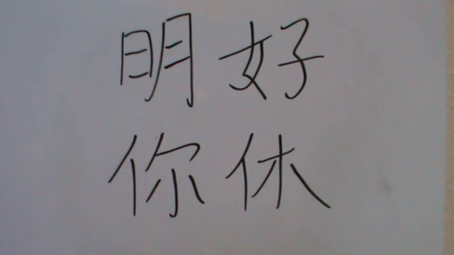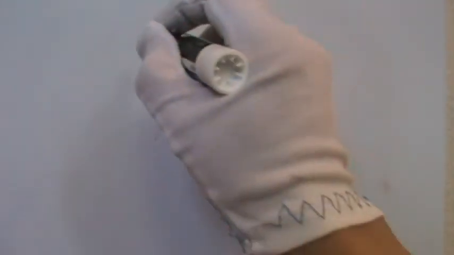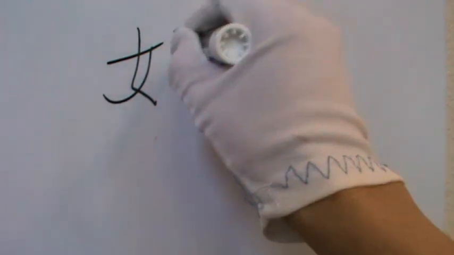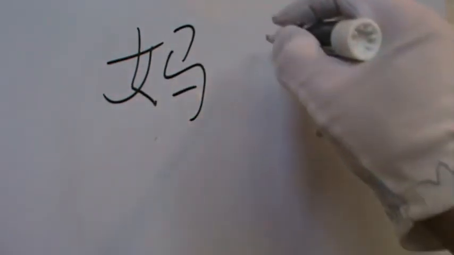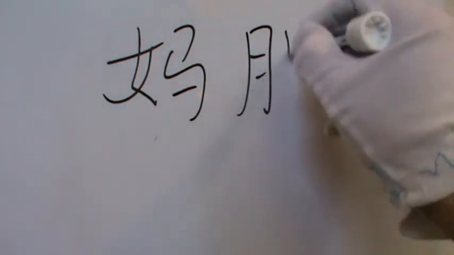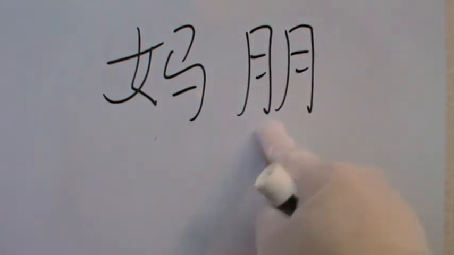In terms of the forms of structure, the compound characters can be roughly divided into three major types. The left-right structure, such as ma, left and right, and peng, left and right.